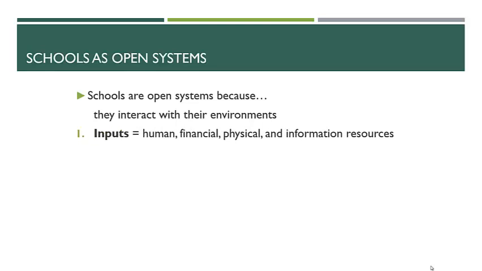So what do we mean by the environment around it? We take the human, the financial, the physical, and the information resources around the school. So this completely involves the community and in theory could involve the community as a whole. So this is what we mean when we say an open system. Our inputs are constantly changing.